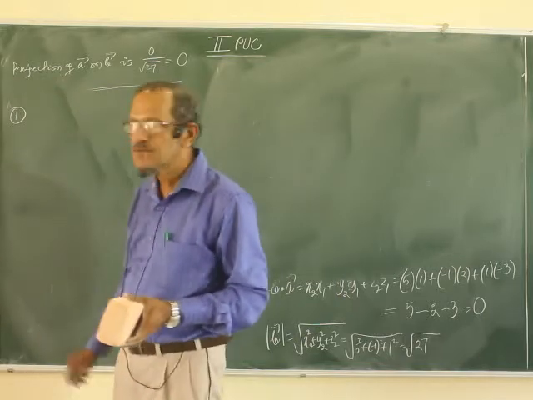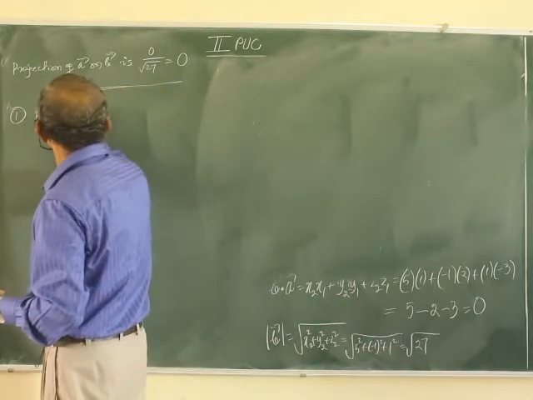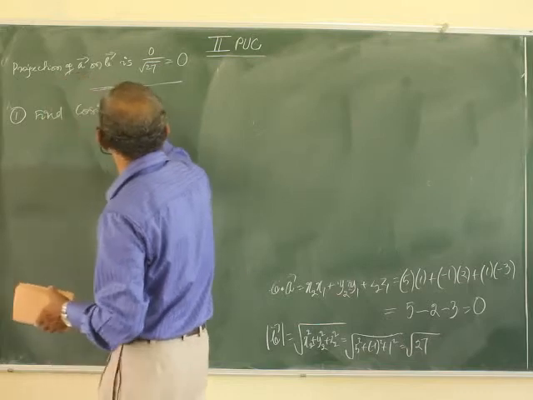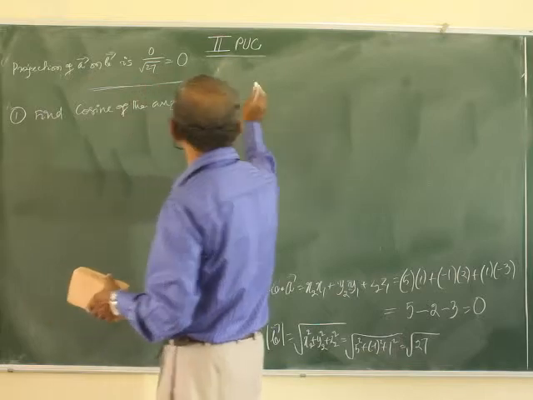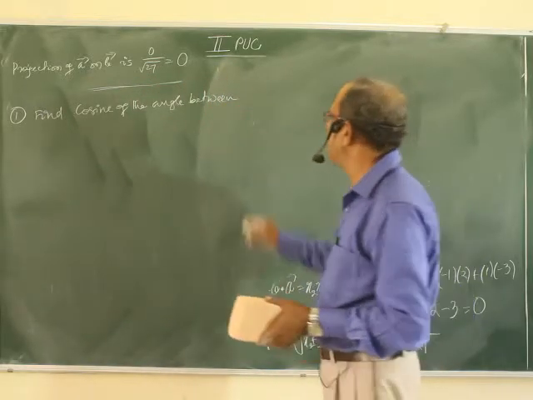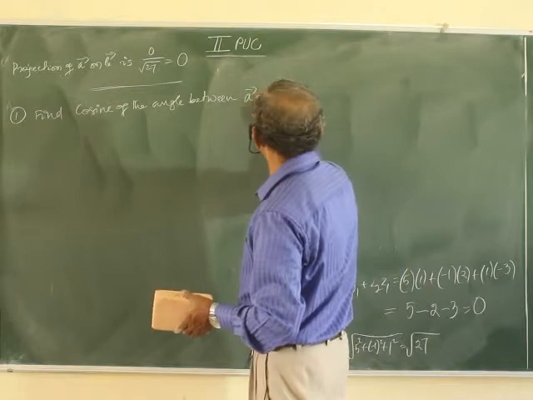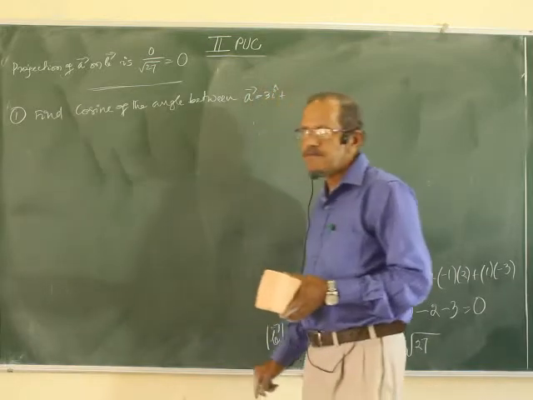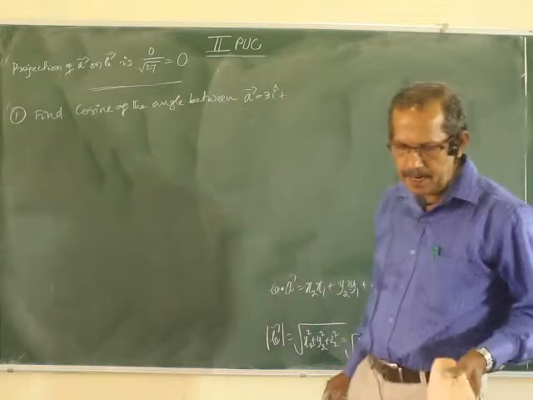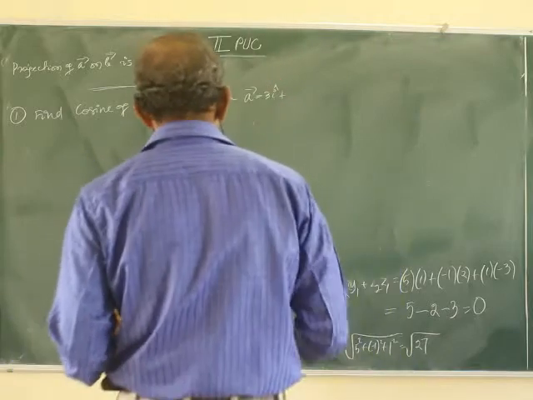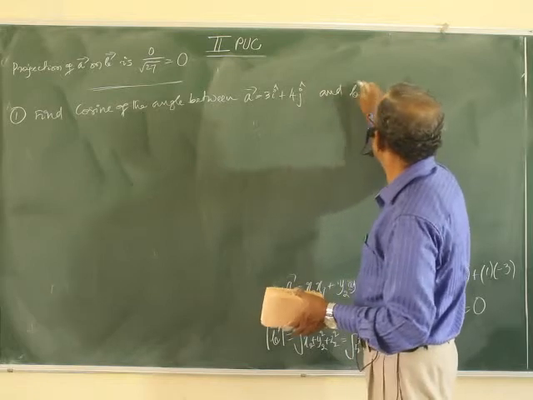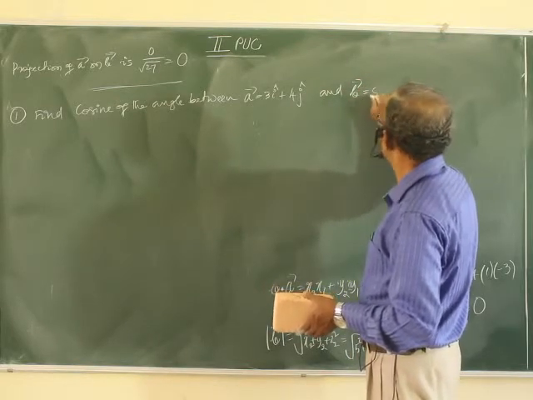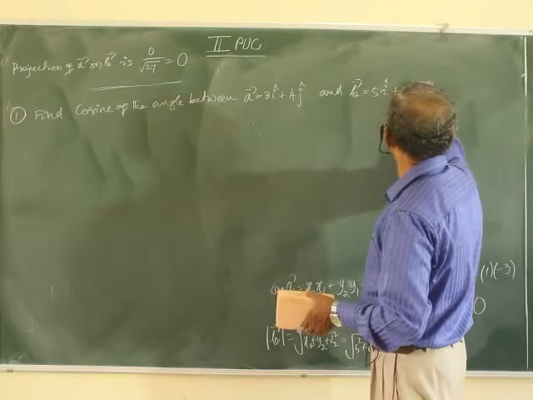Find the cosine of the angle between A equal to 3i plus 4j and B equal to 5i plus 12j.